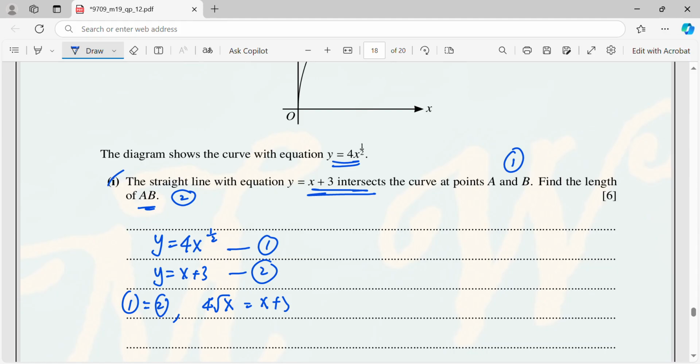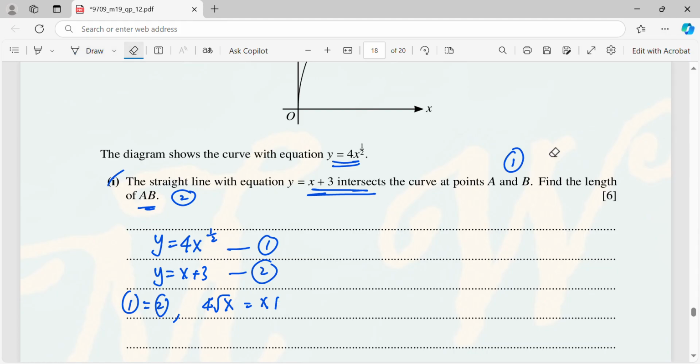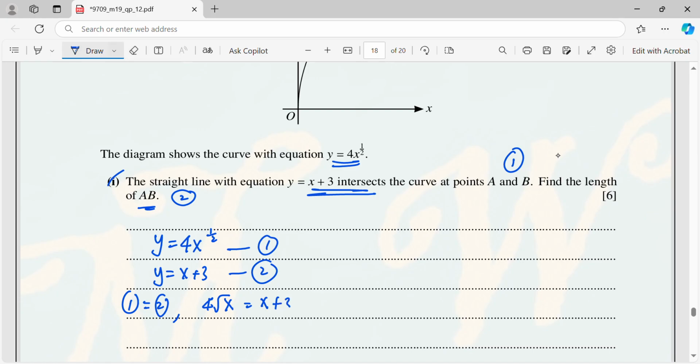Now, to eliminate the square root, I will square both sides. On the left hand side, 4 squared is 16, and the square of square root x is x.